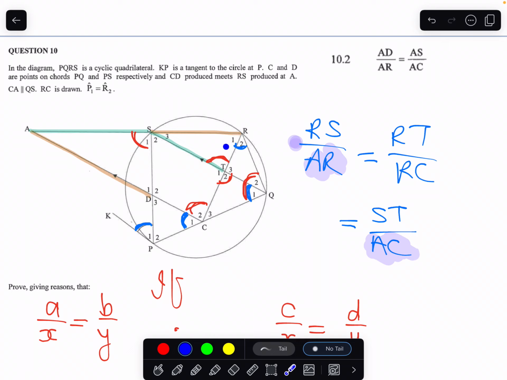So we know that these are supplementary. Okay, this angle is equal to this angle.